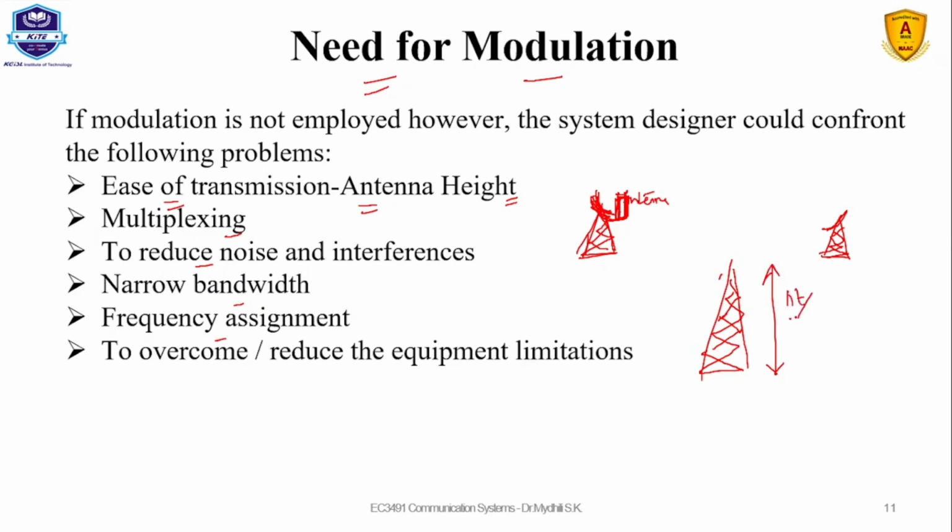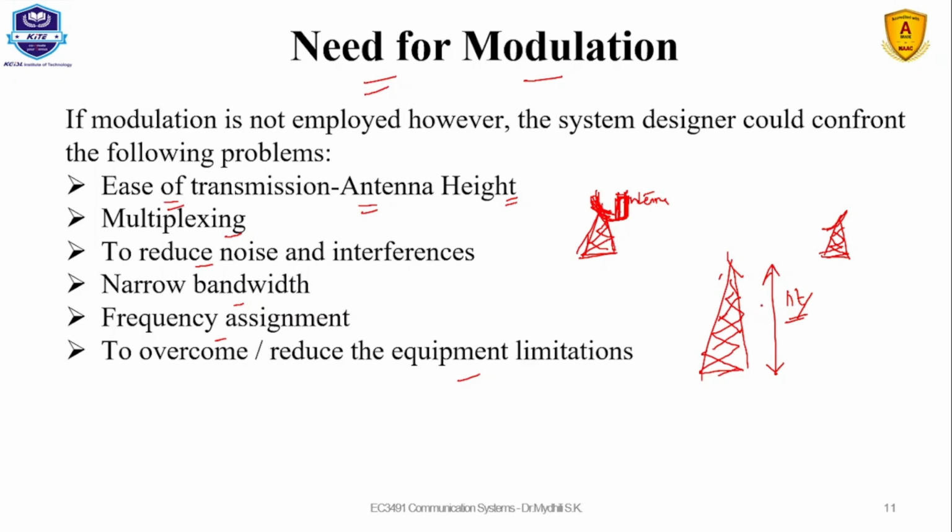When we erect this antenna, if a very large height is involved in the design, the maintenance cost will be more, the equipment charges will be more, and so on. It involves many sorts of discomforts.